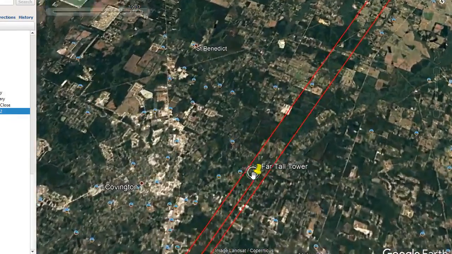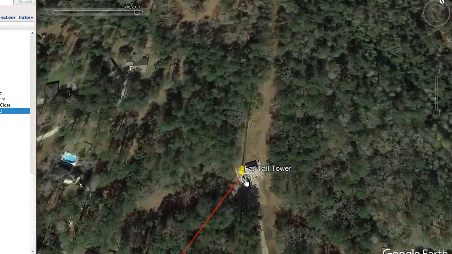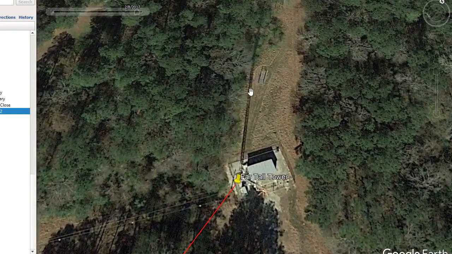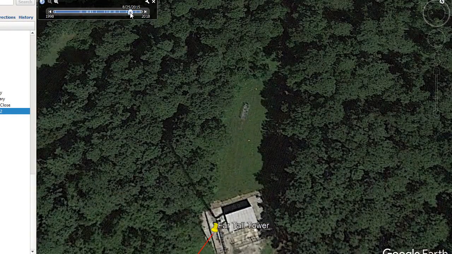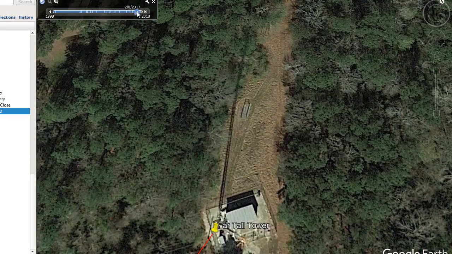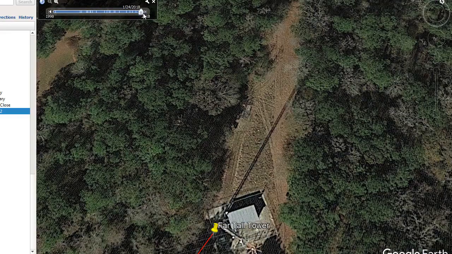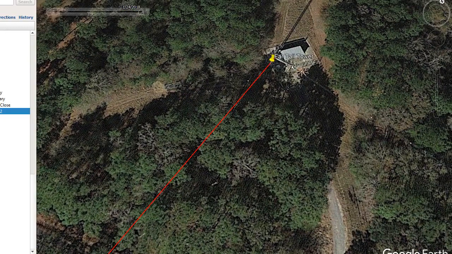Now we're out here at about 53, 54 kilometers away, and we have this very tall, skinny tower with a light on the top, and judging by the shadow, which I was just showing, there's no real clear indication of where the shadow ends on any of these images, so it's going to be kind of hard to get the height, but I definitely think that's the tower that we're seeing, or the light that we're seeing.